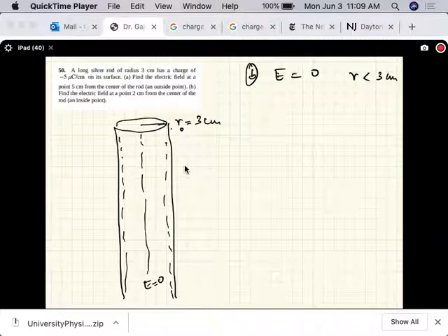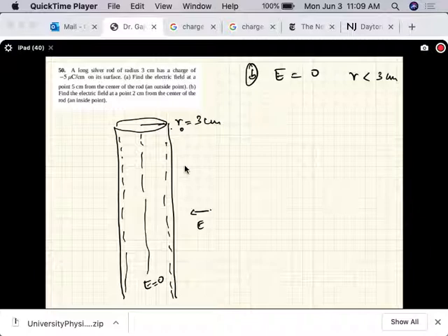Okay. So now for points outside, let's calculate the electric field here. The electric field will point inward because the charge is negative. Electric fields point toward the negative charges.